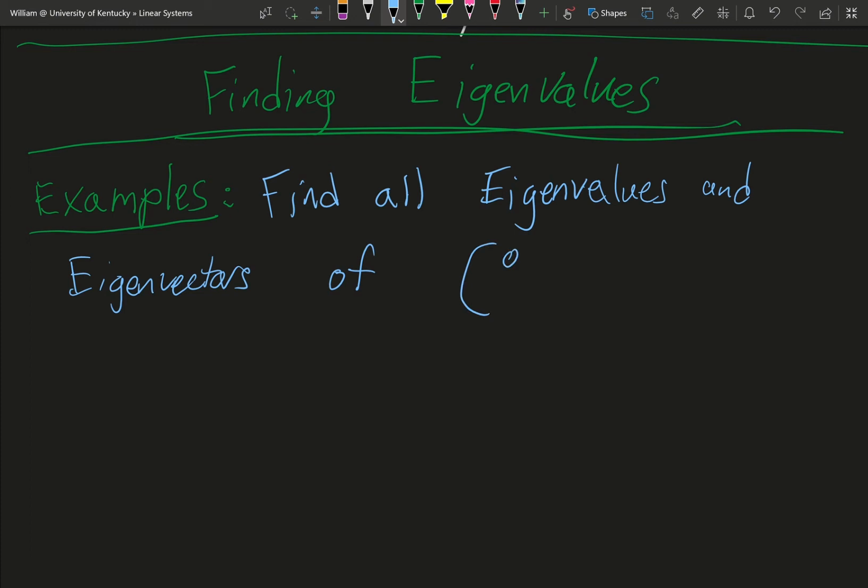So let's do an example. We'll find all eigenvalues and eigenvectors for the matrix 8, negative 2, 10, negative 1.